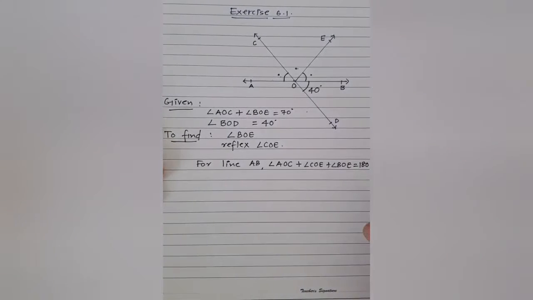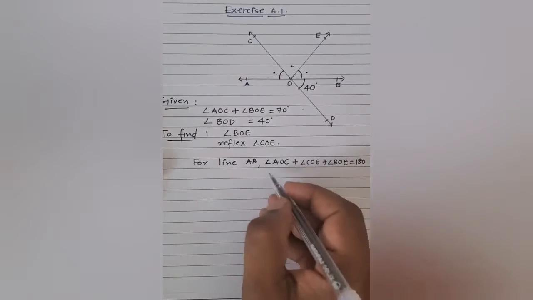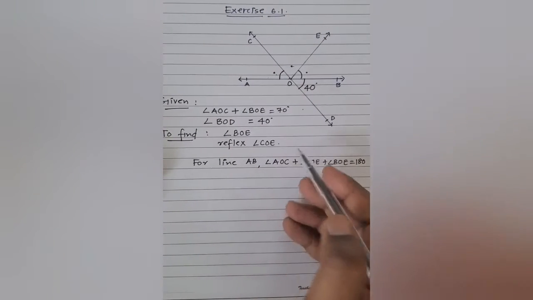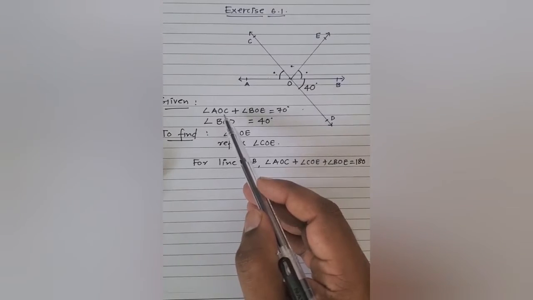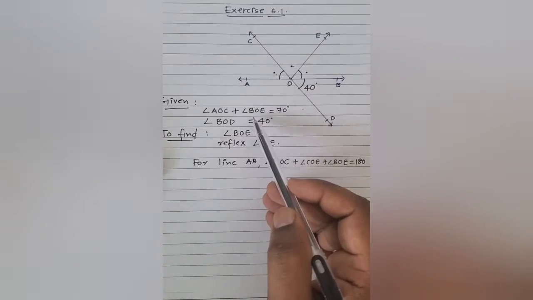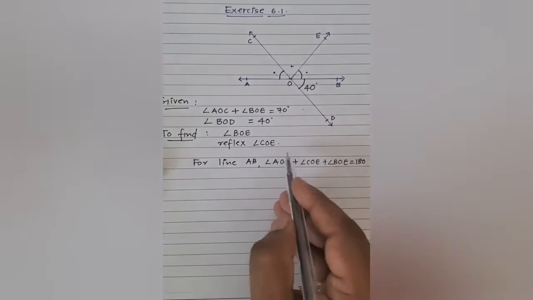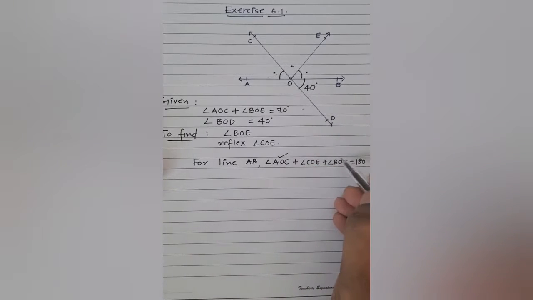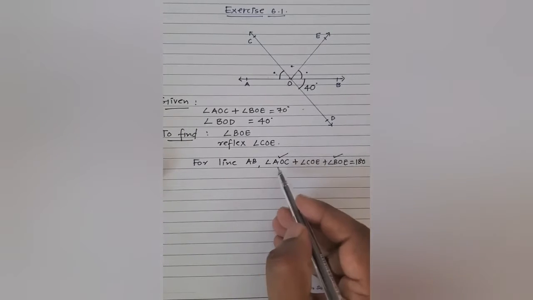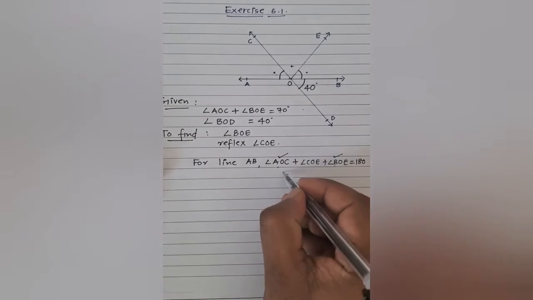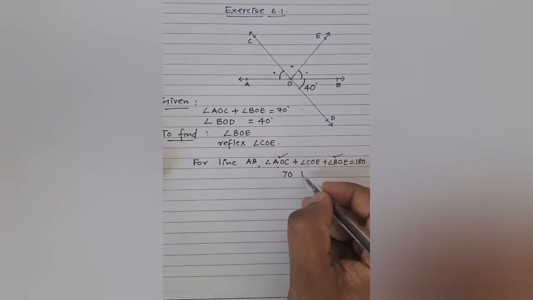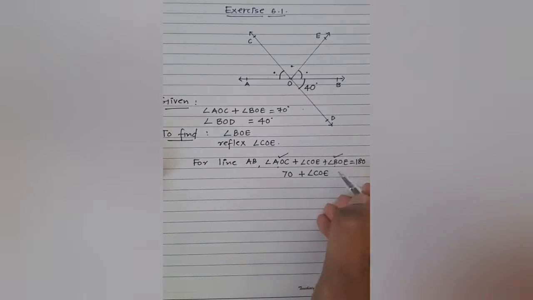180 degrees. Now, what is angle AOC? It's not individually given, but what is given is AOC plus BOE. They together make 70 degrees. So I'll write 70 plus what is left out, angle COE, is equal to 180 degrees.